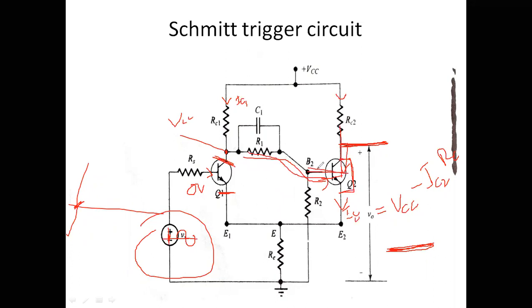The base current will generally be in microamperes, while this will be in milliamperes. This is a very small current, so we can neglect the base current. Therefore IE equals IC, simply IC2. This current will flow through this emitter resistance.